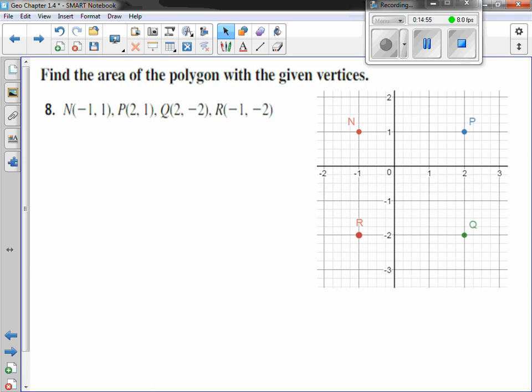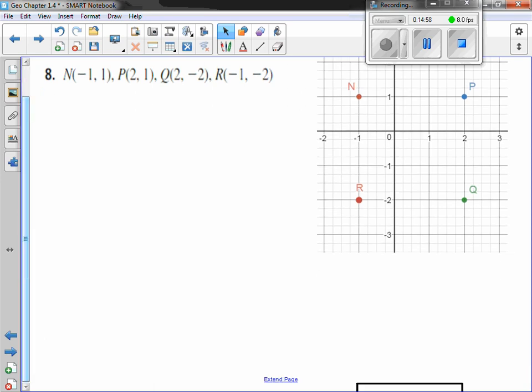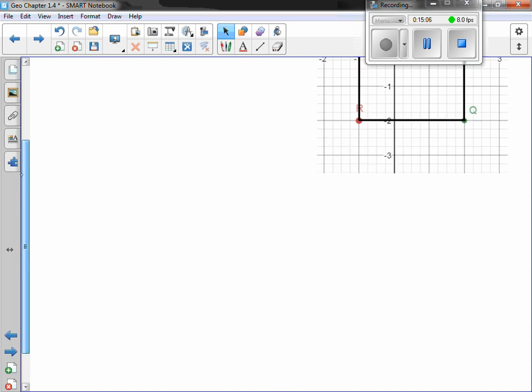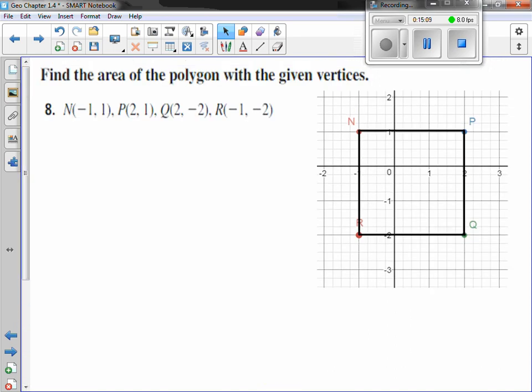Find the area of the polygon with the given vertices. It's already graphed for you, so we have this here. So what's the area formula for this shape? So we'll use length times width for this one here. Length times width.